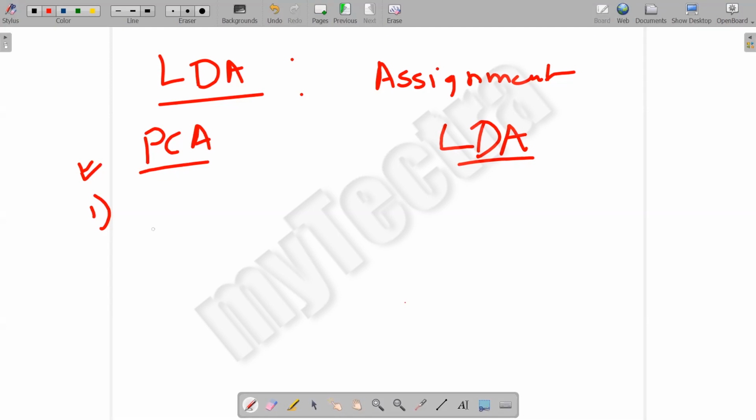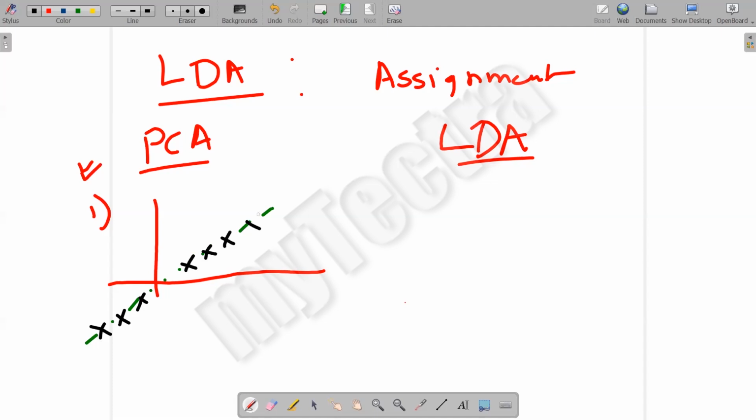PCA, if you remember, I'll just draw one part of it. So let me say what is the difference between them. So if you remember, we plotted an axis and we took projections of all our points on it.